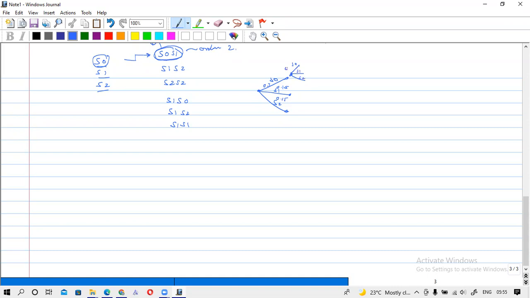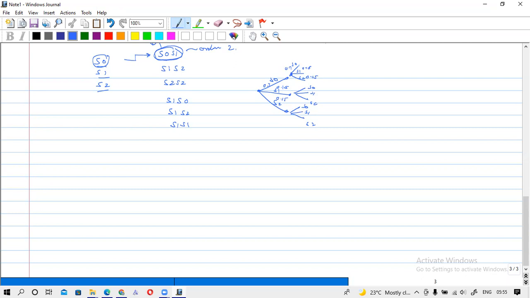And if you pick S2 first, you again get three symbols to pick.